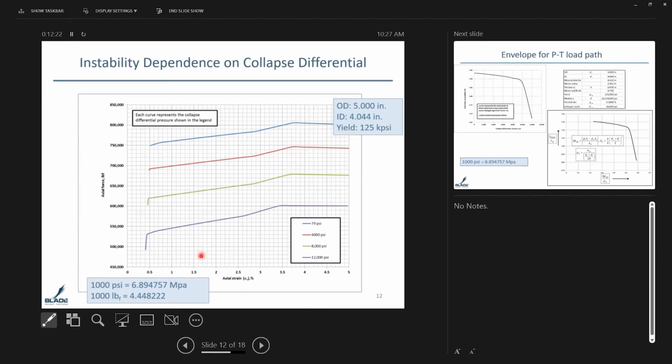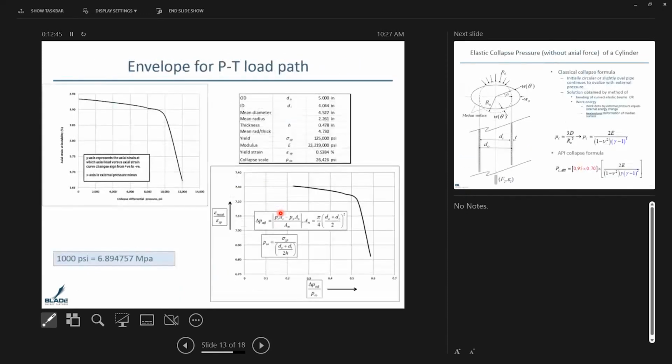So here is a set of curves, the same set of curves that I showed you, as a function of the differential pressure. So you see, as you increase the collapse differential pressure, the strain at which your instability sets in decreases, and you can plot this in a pressure tension load path.